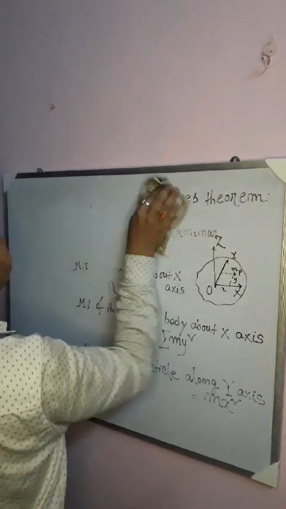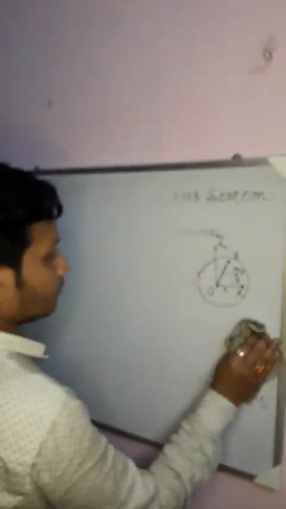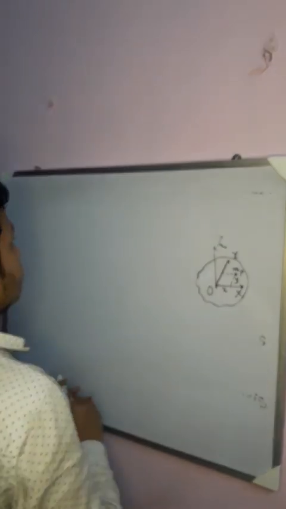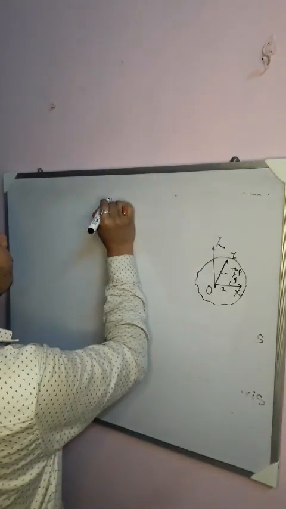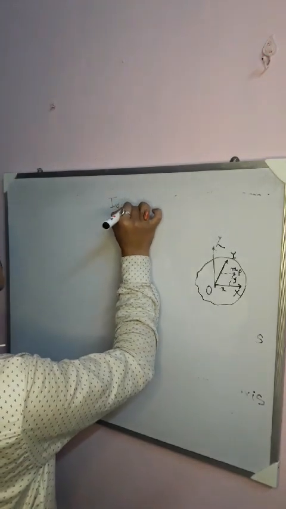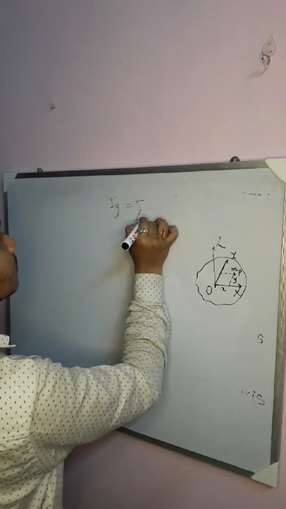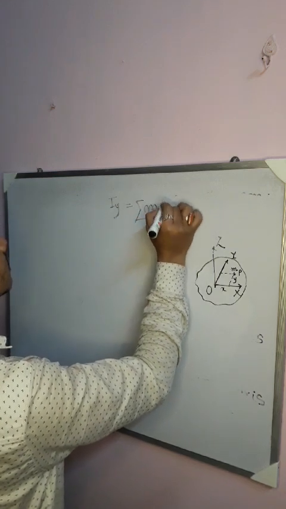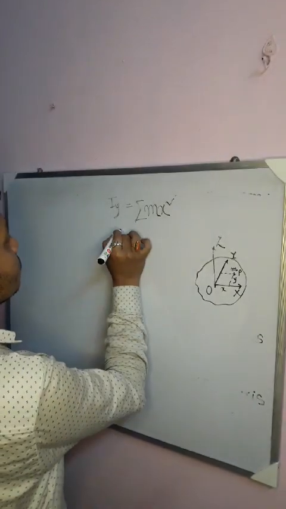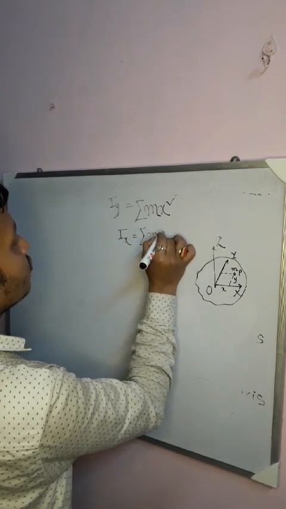The moment of inertia of the entire body about the y-axis we write as Iy, which is the summation of m into x square. So Iy equals the summation of mx square, and Ix equals the summation of my square.